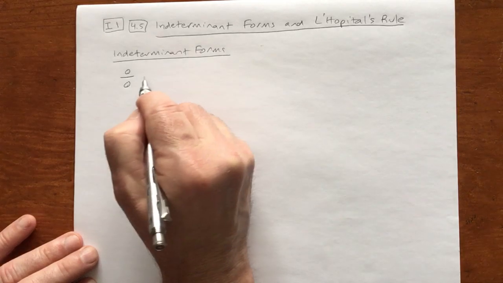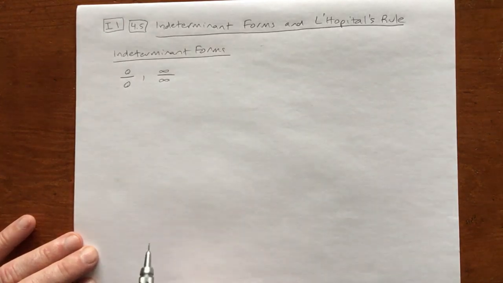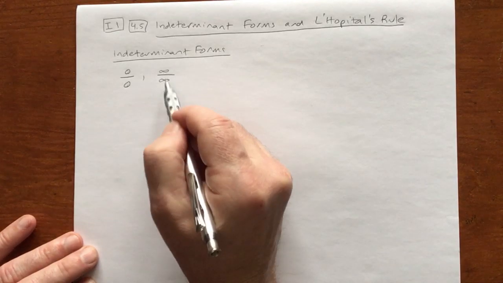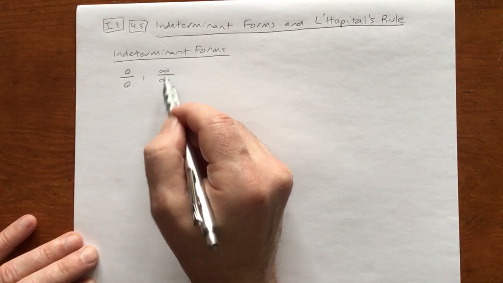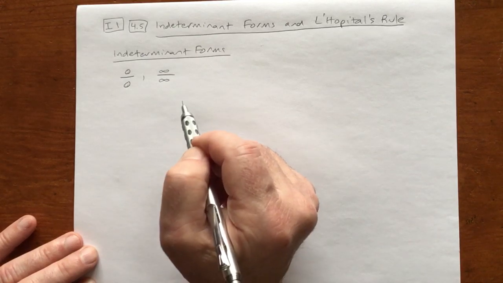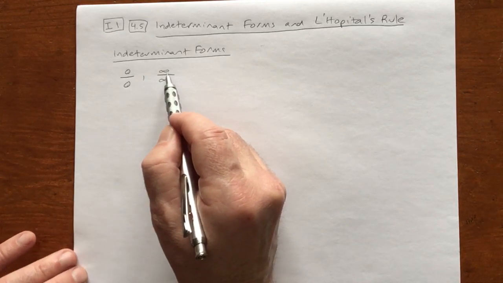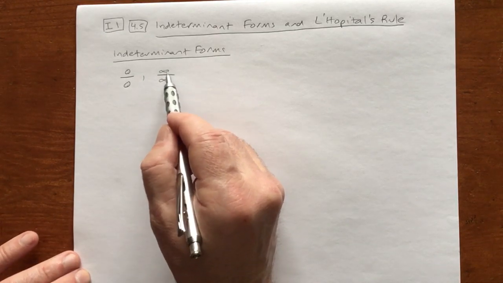Okay, another indeterminate form, say we're working a limit problem, and we discover that our fraction, the function that we're trying to evaluate, ended up going to infinity over infinity. Well, once again, you have to try to evaluate which part of this approaches infinity more quickly, the top or the bottom.